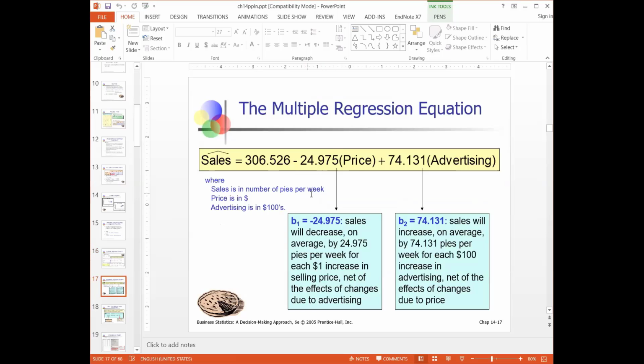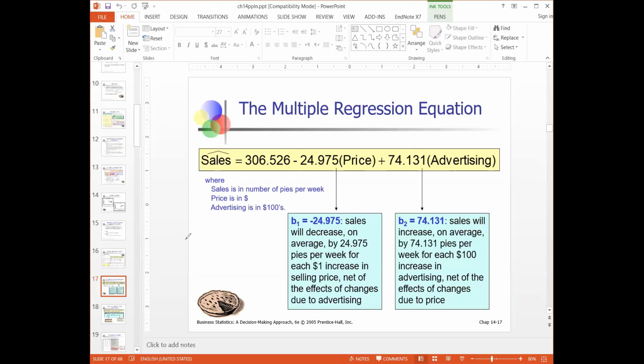So he has given the interpretation. You have to look at it properly so that we don't have to come back here again. Sales is the number of pies sold per week, price is in dollars, and advertising is in $100. Beta 1 is minus 24.975, so sales will decrease on average by 24.975 pies per week for each $1 increase in sale price.